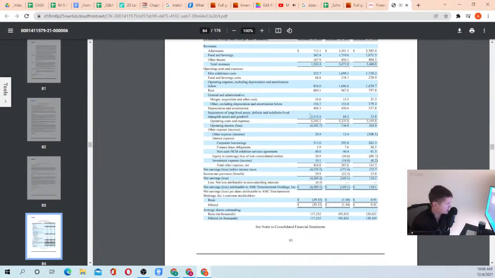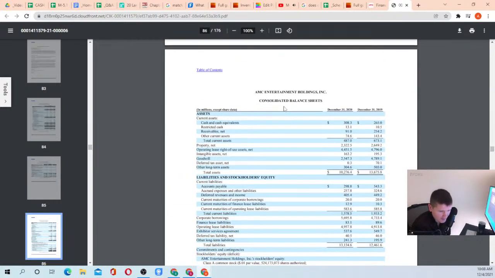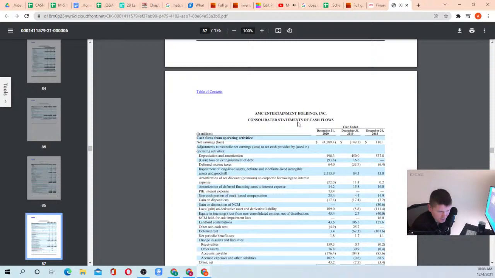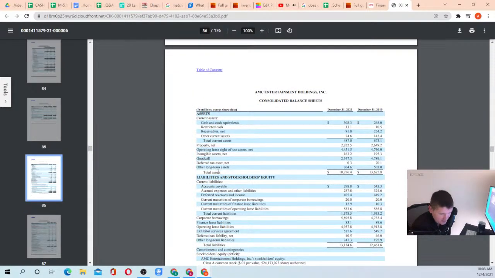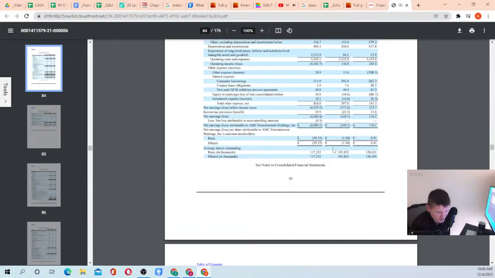So it's not a cash loss. If we go to the balance sheet, you will see you have goodwill here and intangible assets. You have like 5 billion of that, and then you have 2.7 billion of that. That's where impairment happened. So we have like 4.6 billion of losses.